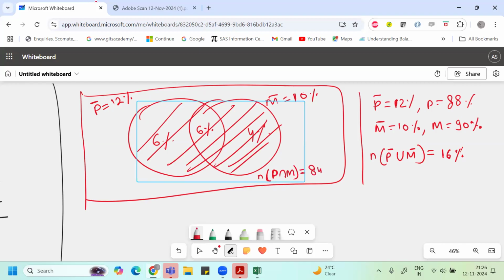That would be 84%. In total, 100% students are there.